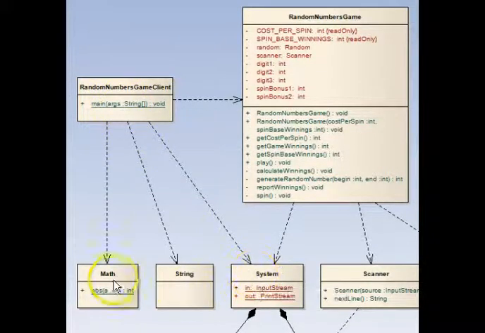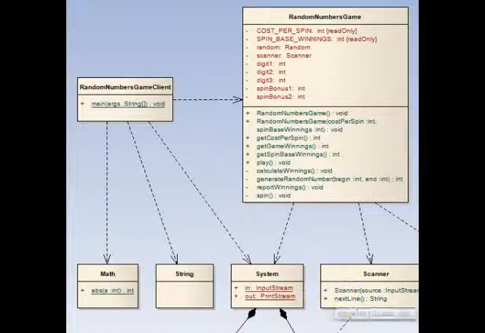Down here in the Math class, there's an absolute value function that is called, and it's static. We don't need an object of class Math. We only need to say the Math class name, then use the dot operator, a period, and then the function name to call the function. We don't need an object because it's a static function.